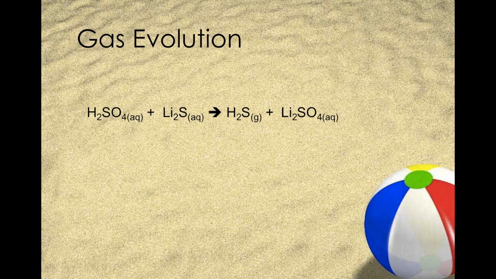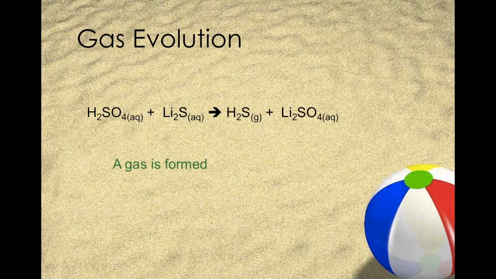The remaining reactions that I'm going to discuss are fairly self-explanatory. For example, gas evolution is a reaction in which a gas is formed. So when, for example, hydrogen sulfate and lithium sulfide react, these are both in aqueous solution, so in water solution, but the product that they form, hydrogen sulfide, is a gas.